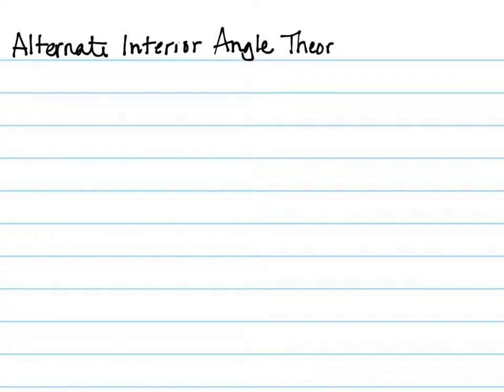And it has to do with that very fact. This is Theorem 4.1 in your book. And we will abbreviate it for future use as AIA, alternate interior angle, so we don't have to write it out every time. And this is what we know.